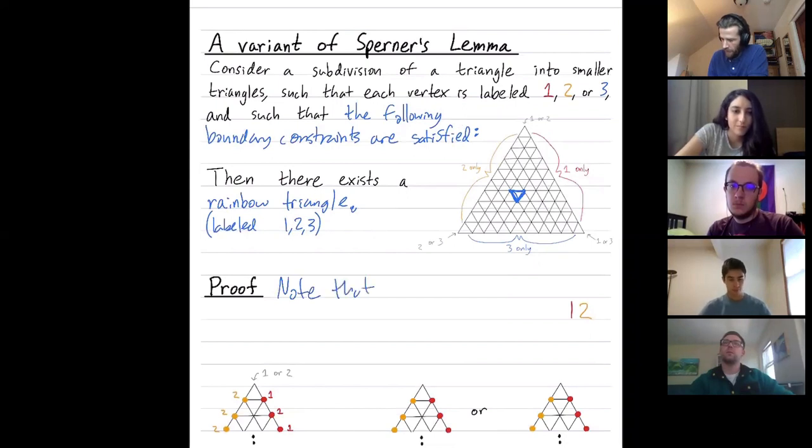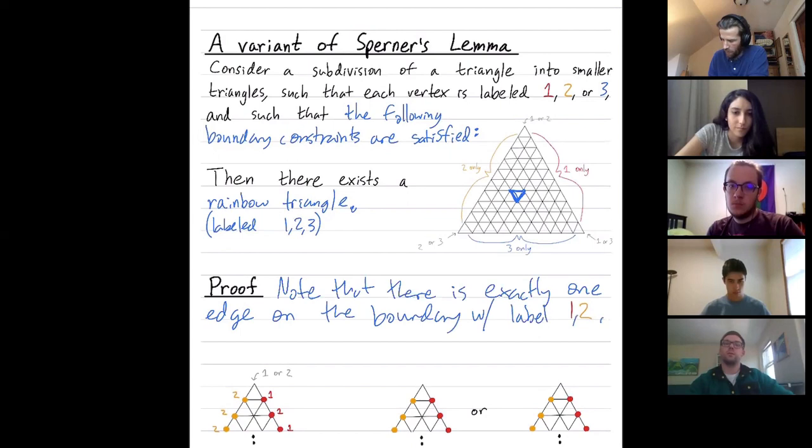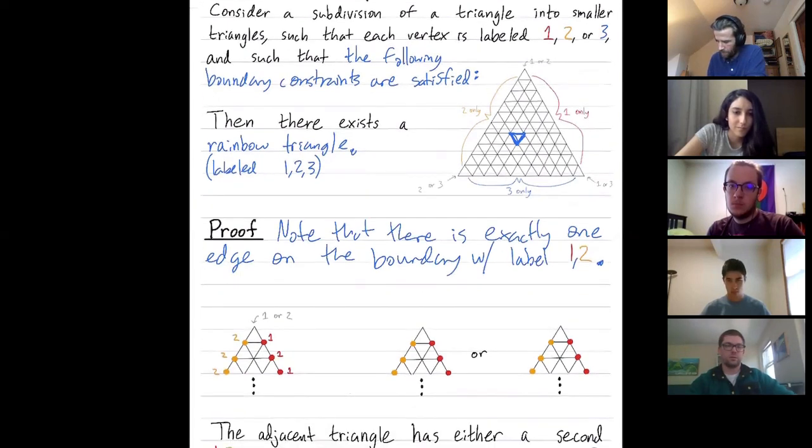Note that there is exactly one edge on the boundary with label 1, 2. So, this is what the top of our triangle looks like.